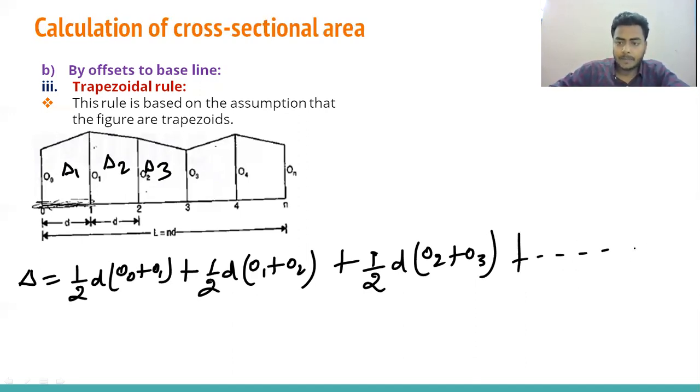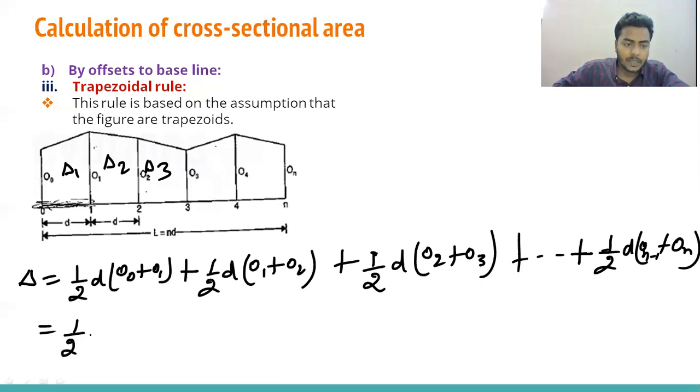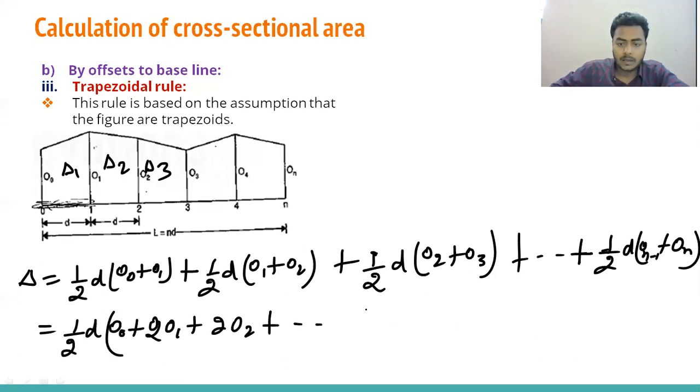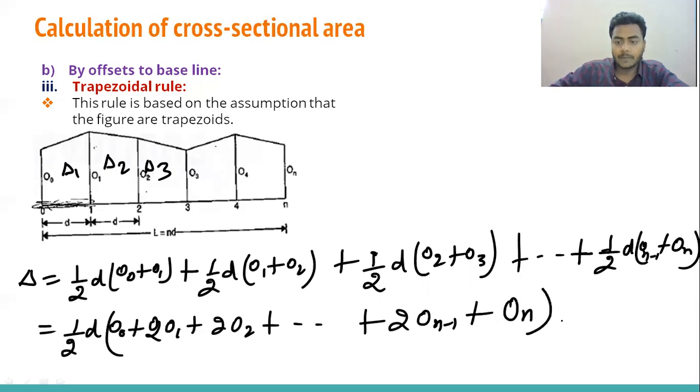So what we are getting here, the last expression would be half into d into On minus 1 plus On. I am taking half into d as common. What we will get? O0 plus 2 times O1, 2 times O2, similarly 2 times On minus 1, plus 1 times On.